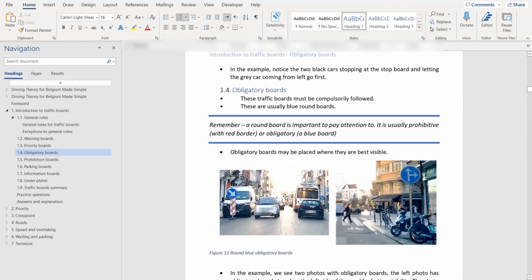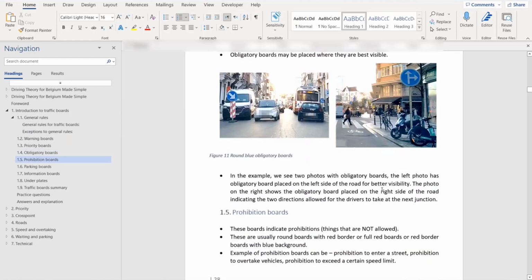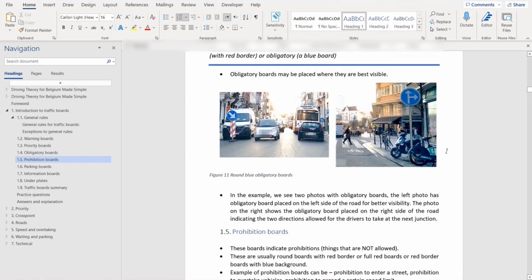So in this case, see here, the board is placed on your left, indicating, okay, go from here. And in this case, it's placed on the right. So it is placed where it is best visible. In the second photo, it indicates two possibilities for the drivers: either go straight or take right at the next junction. They are not allowed to turn left.